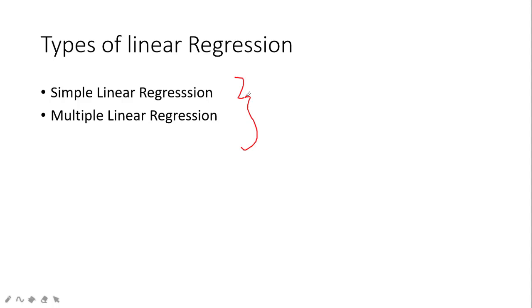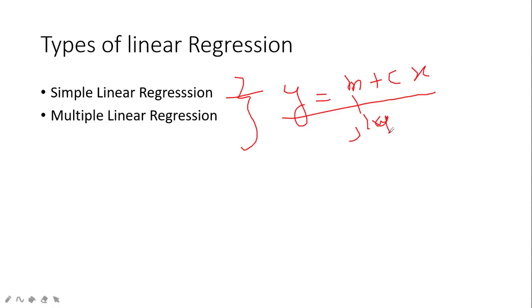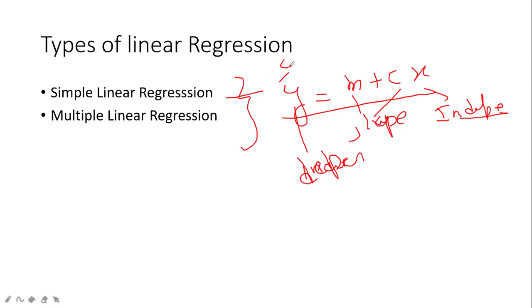The formula is like the previous one, y equals m plus cx, where m is your slope, y is your dependent variable and x is your independent variable. If you observe, there is one output and one input, because there is only one independent variable.